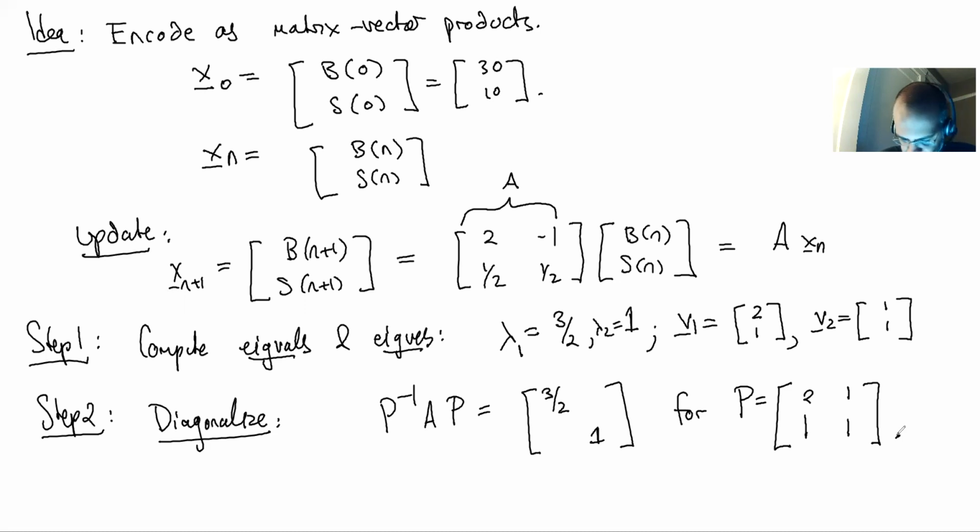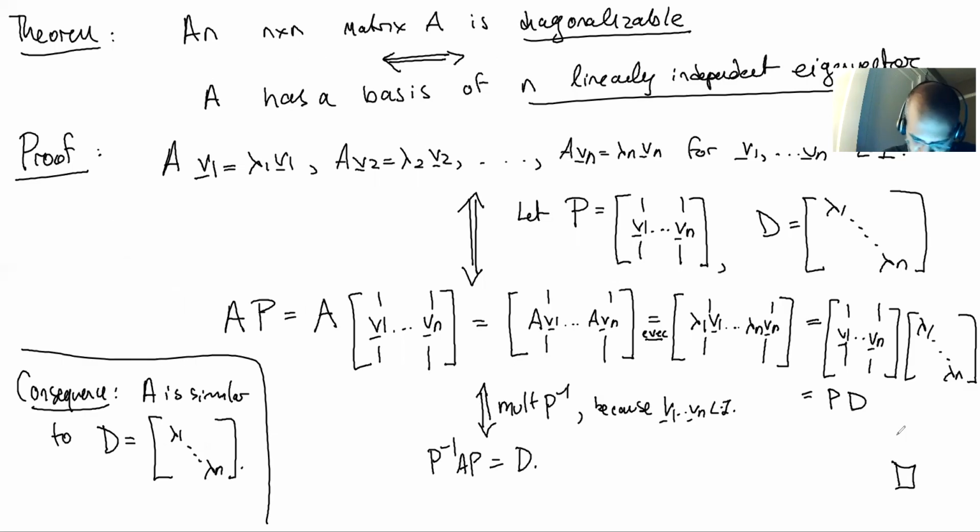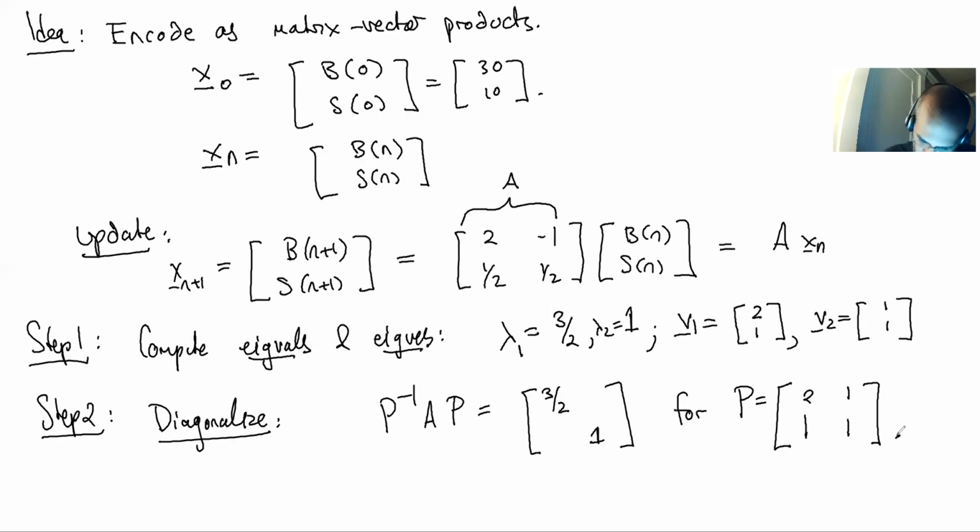This just follows from this theorem, right? If it's diagonalizable, then it's similar to the diagonal matrix containing the eigenvalues. So let's call this matrix D. And now the punchline is that once you have this, you can compute powers very easily, because it's very easy to compute powers of a diagonal matrix.